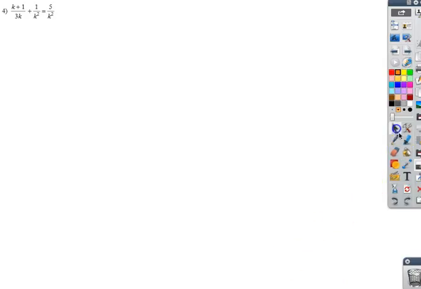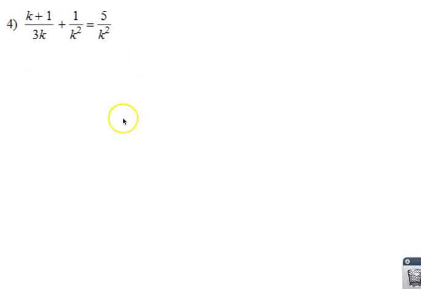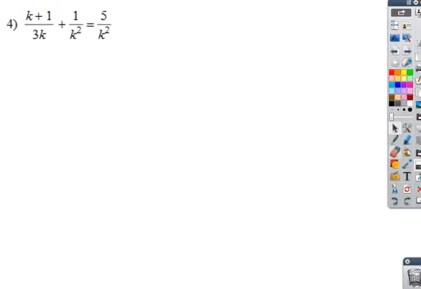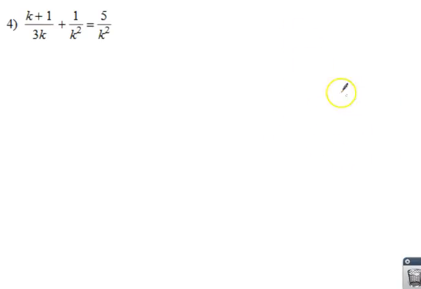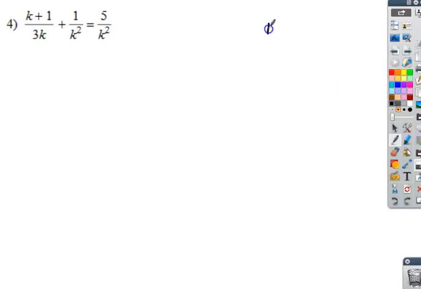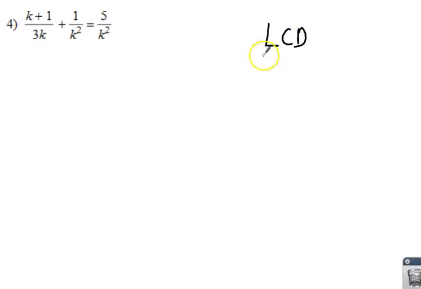Alright, again, this particular problem. What's my LCD? I got coefficients of 3, 1, and 1. I am going to need that 3, and k squared. I'm going to need the k squared.